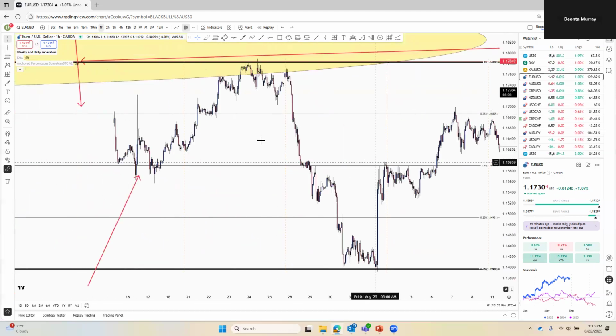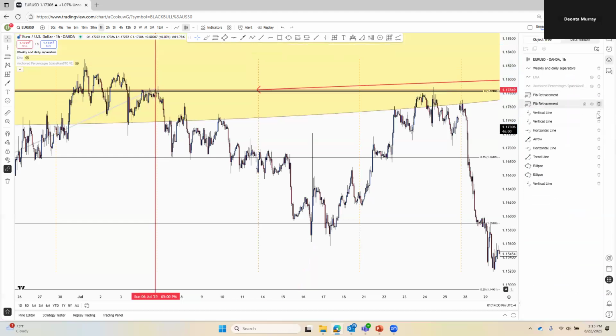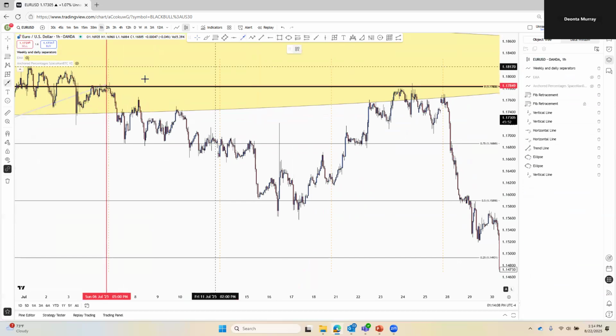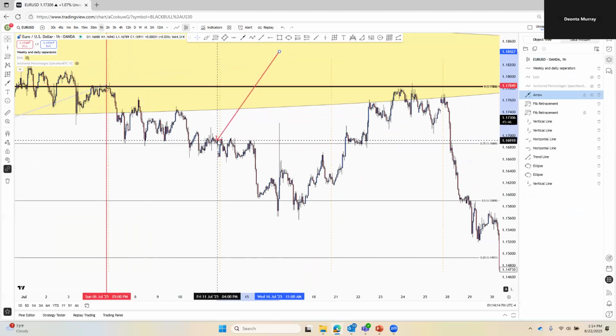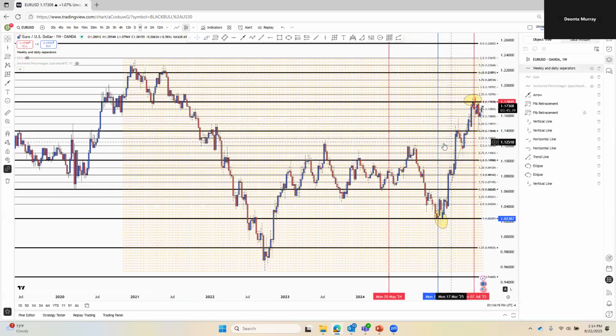So all I do is just go back like here. I'm gonna delete some of these arrows because these arrows look confusing a little bit. Boom, boom, boom. So now we can kind of see this area here, from here going down to this close, this was that first weekly candlestick that closed bearish.